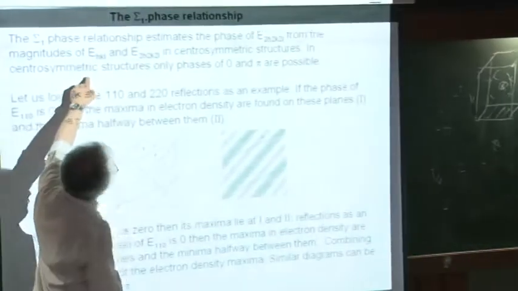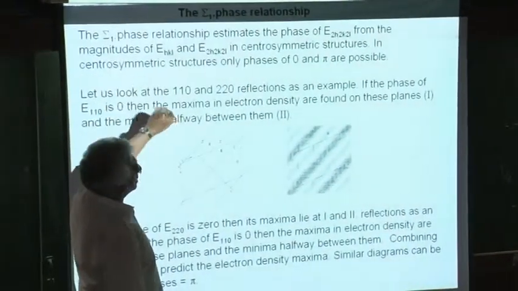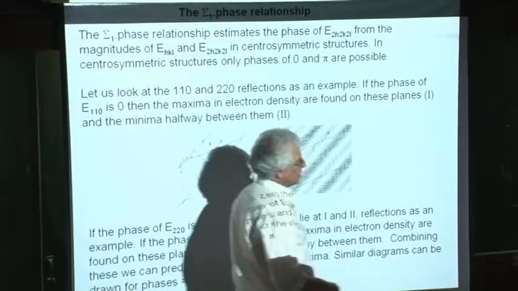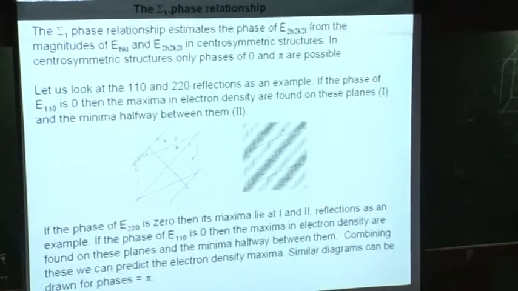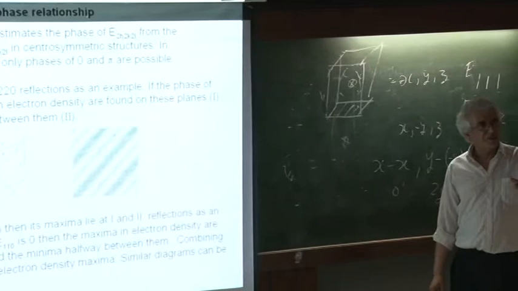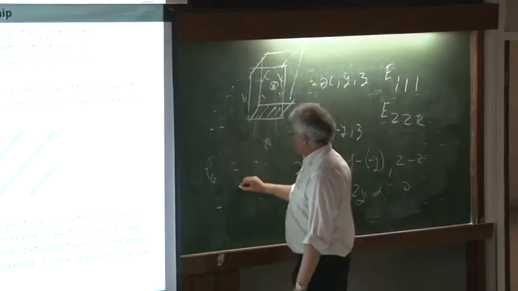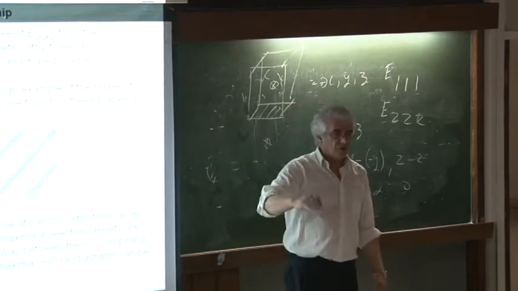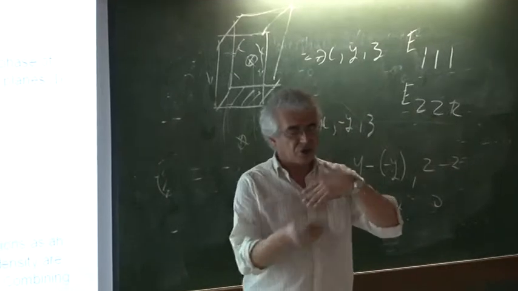In centrosymmetric structures, only phases of 0 and pi are possible. We actually looked at that a little bit when we were looking at systematic absences; you could see that it depends on the intersection of the constructive interference.